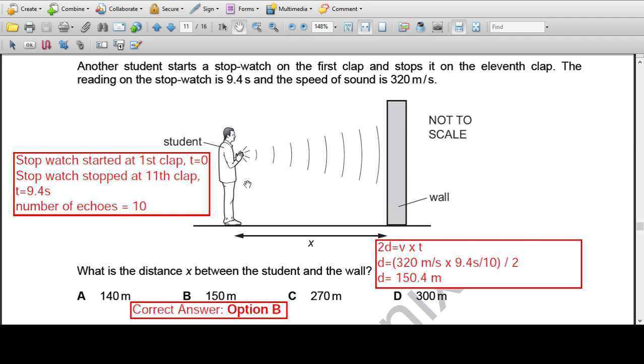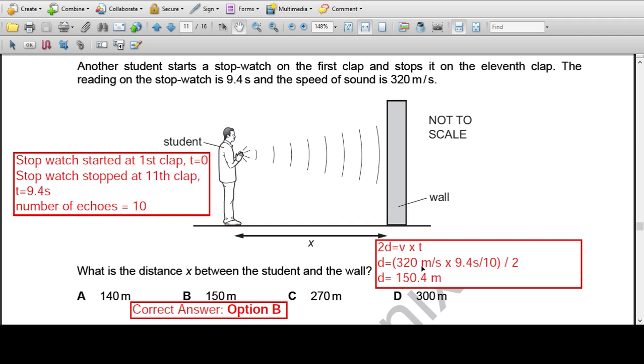We know the sound travels to the wall and returns, covering 2 times the distance, where v is the velocity of sound and t is the time taken. The time for 10 echoes is 9.4 seconds.